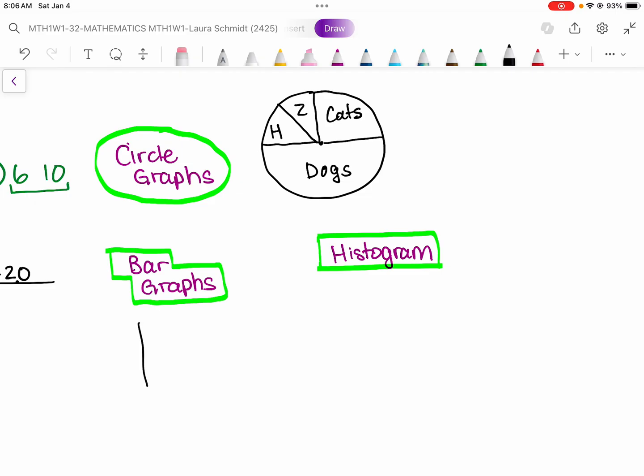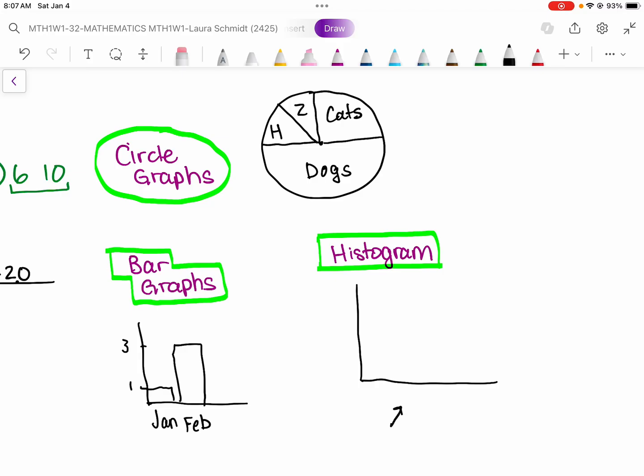Bar graphs are, say you did, how many people are born in January? 1 person. How many people are born in February? 3 people. It's where you just use bars to represent frequency of things. And then a histogram is similar to a bar graph, except it's all quantitative stuff.